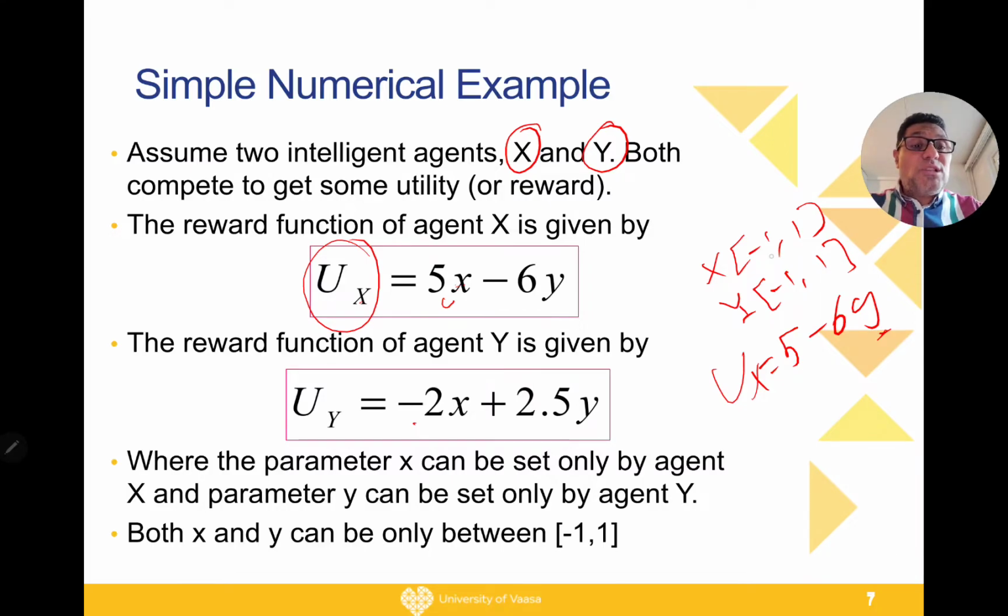Now if you decide to put X at 1, then you will have 5 minus 6Y. And if intelligent agent Y decides to put its value, because they can also select the strategy between minus 1 and 1, if they put Y equal to 1, then actually you will lose, because you will get minus 1.